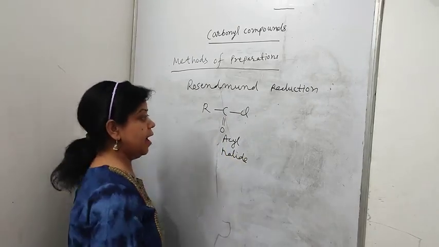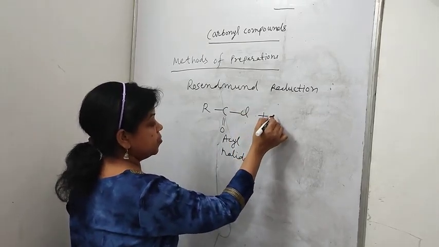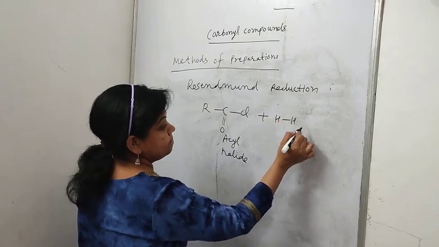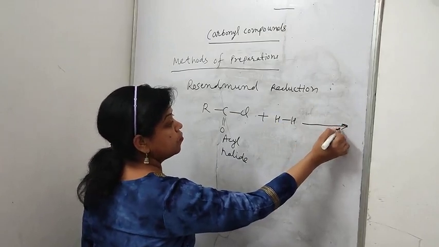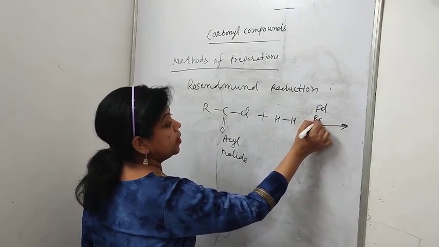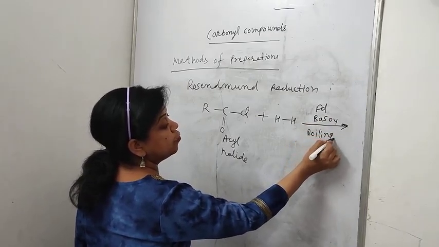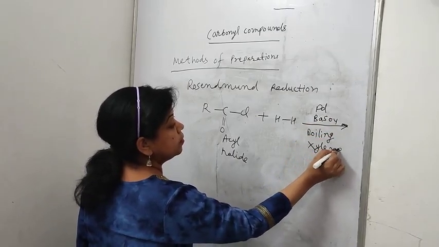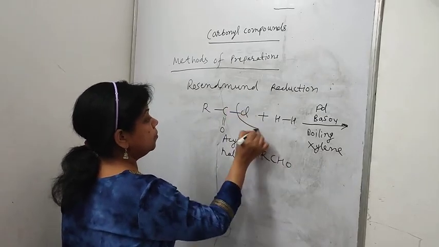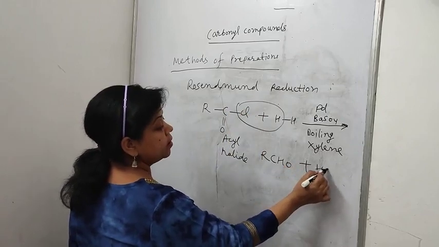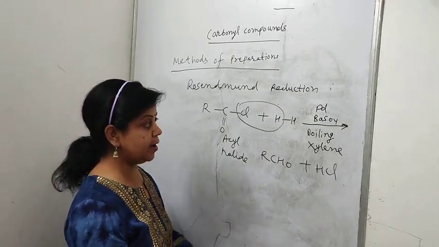When these acyl halides undergo catalytic hydrogenation or catalytic reduction in presence of palladium and BaSO4 in boiling xylene, what will happen? It will form RCHO plus HCl. So this is another method of preparing aldehyde.